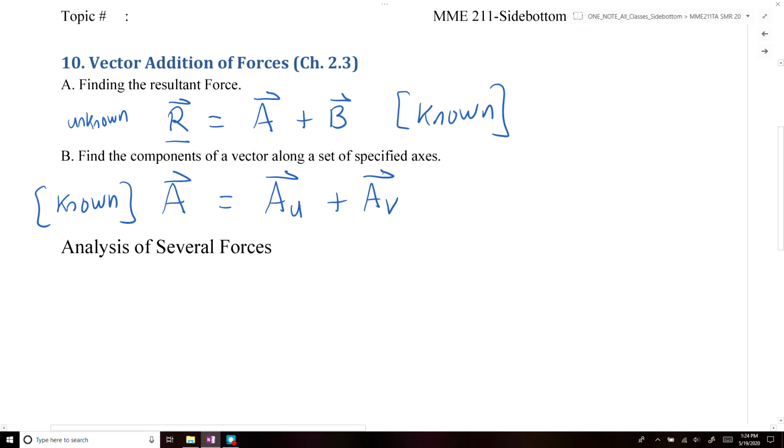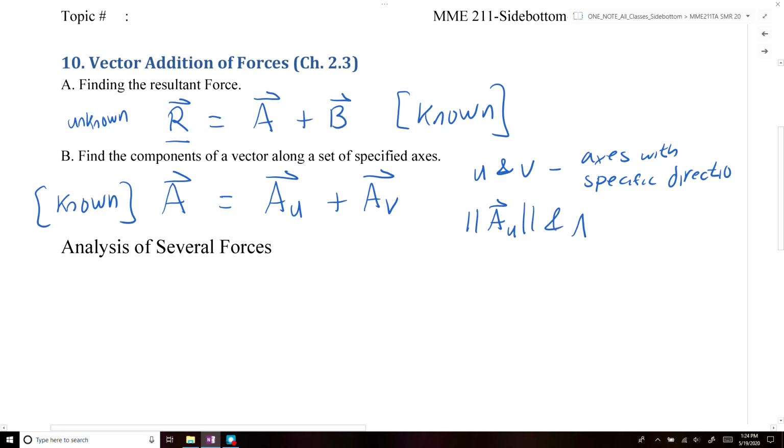What was given to us is that we do know the direction of axes u and v. So these are axes with specific direction, so that we know the angle of u and v relative to our vector A. The only thing we don't know is the magnitude of A_u and the magnitude of the component along the v-axis.